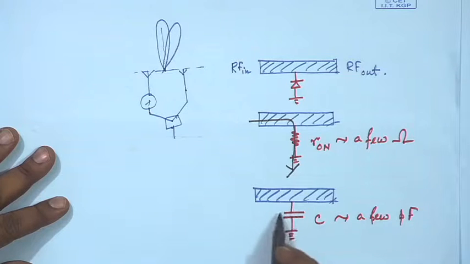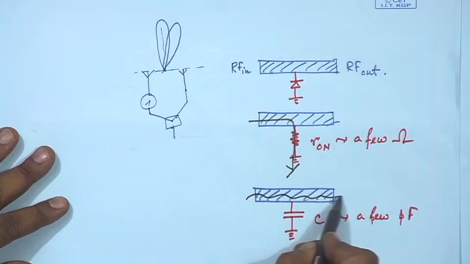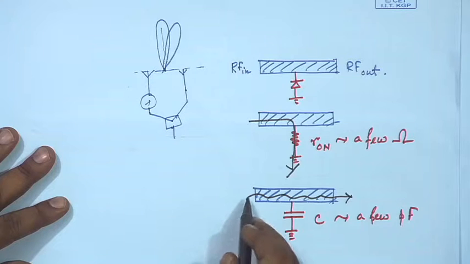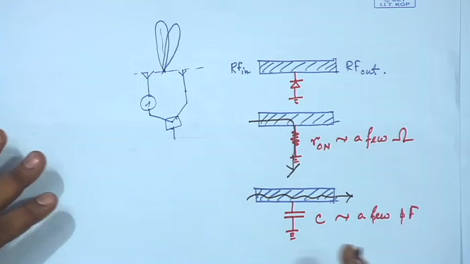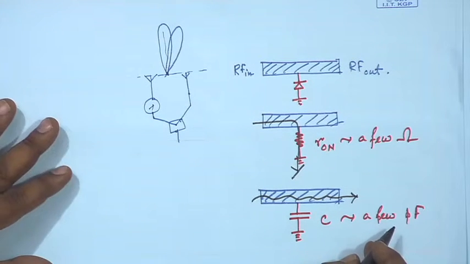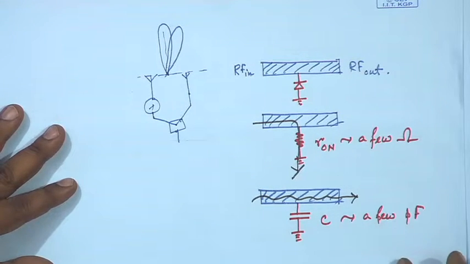Since it is a small value of capacitor, the equivalent reactance will be very high for the RF signal, and whatever RF signal we have will simply pass from left hand side to right hand side, or we have a direct connection between the input and output. So, this is in shunt configuration.